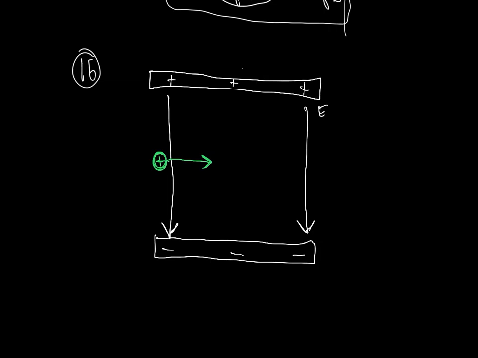Is it going to go straight through? Is it going to go up? Is it going to go down? It's going to go down. Why? Positive charge attracted to the negative. So it feels that electrical force. It's going to kind of arc down because it feels an electric force, Fe. How big is Fe? Fe is equal to the charge times the electric field that you're in.